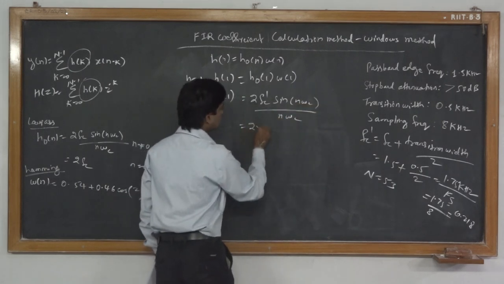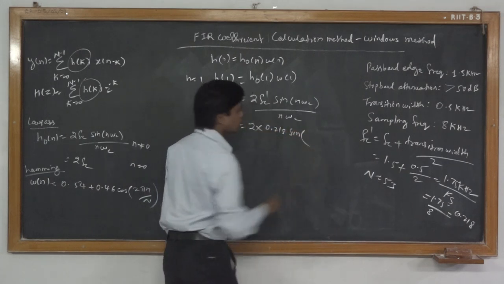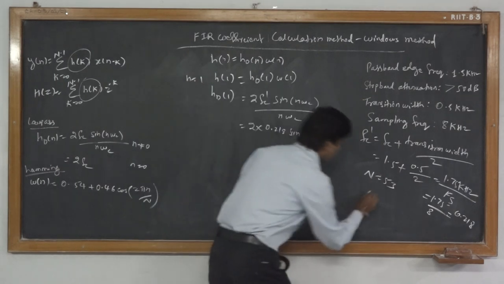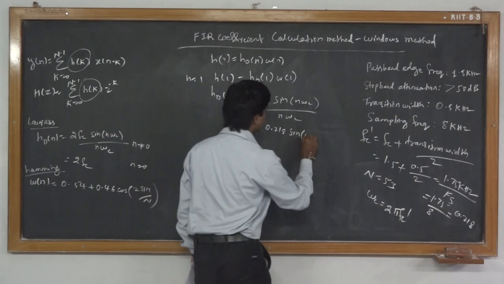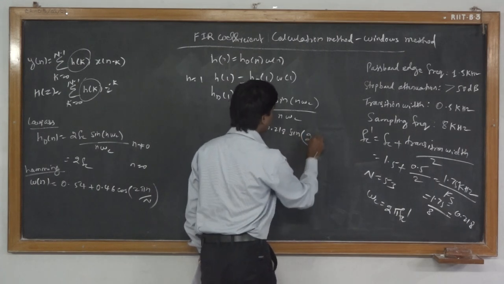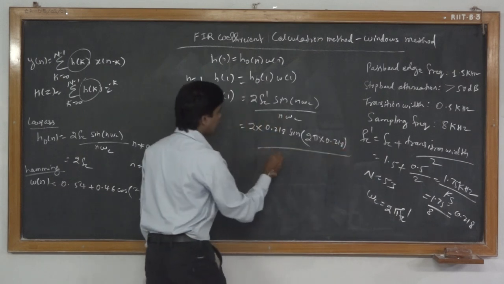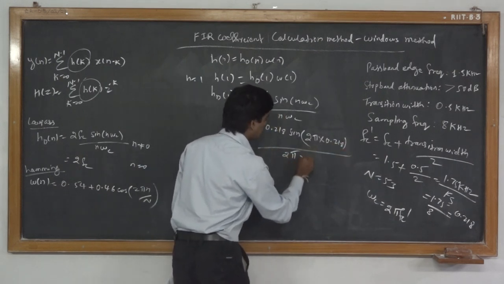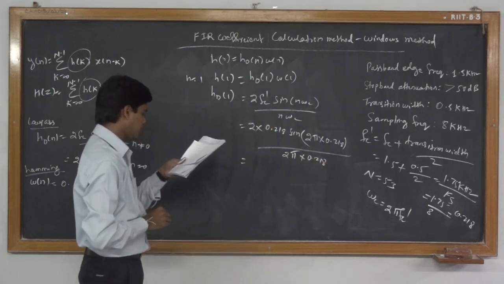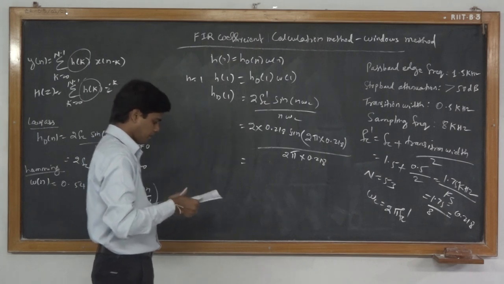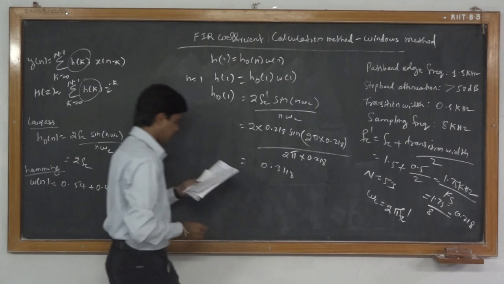We already know fc dash is 0.218. We don't know omega c. Omega c is given by 2 pi fc dash. So I directly substitute here, n is 1, so it will become sine of 2 pi into 0.218 divided by 2 pi into 0.218. After calculation, we end up with the value of hd of 1 as 0.3118.